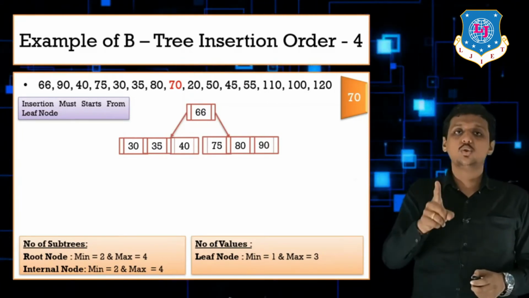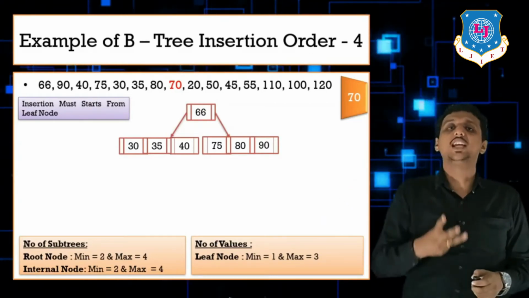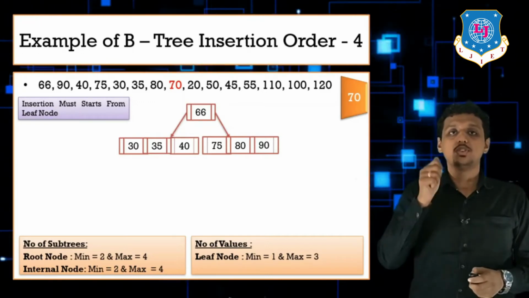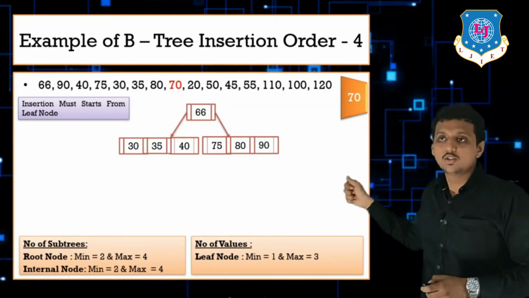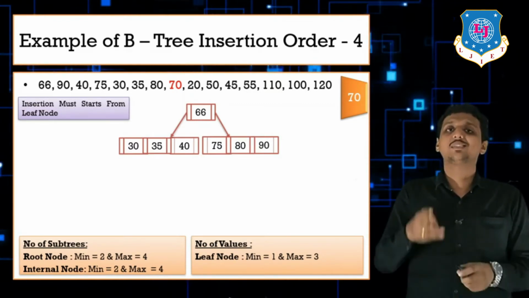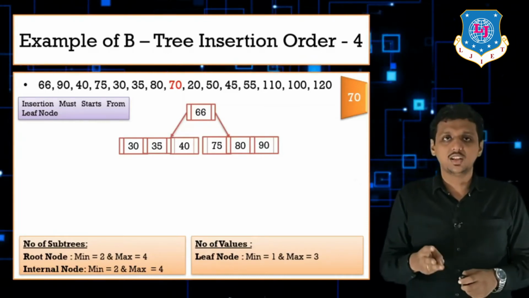This node, the right child of 66, contains already 3 elements. Now tell me, what is the order of this B tree? Students, the order of B tree is 4, so we can insert maximum 3 values in a leaf node.